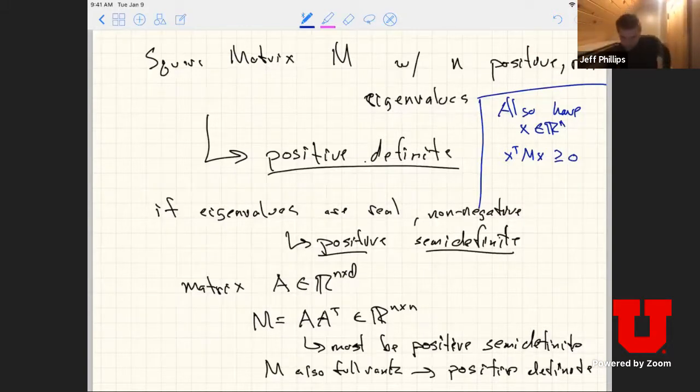If it's positive semi-definite, it might be 0. This holds for all vectors x. So for any vector x, I multiply by M, with x on one side and x transpose on the other side. I do x times M, I get a vector of the same dimension as x, and I do times x transpose again, I'm basically taking the dot product. And so it's back a scalar value, and this will always be non-negative for any vector x.